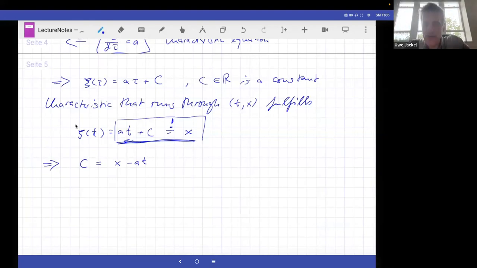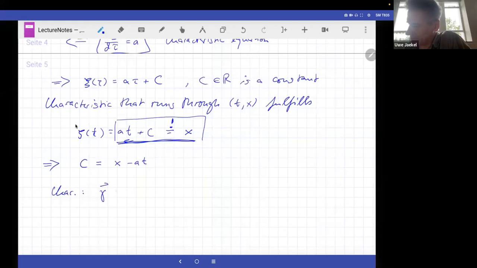And now we have found the characteristic. So we have a full characteristic.